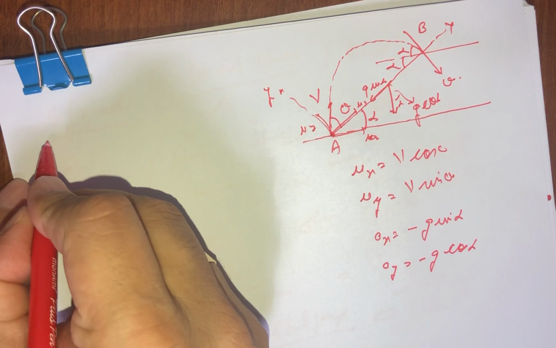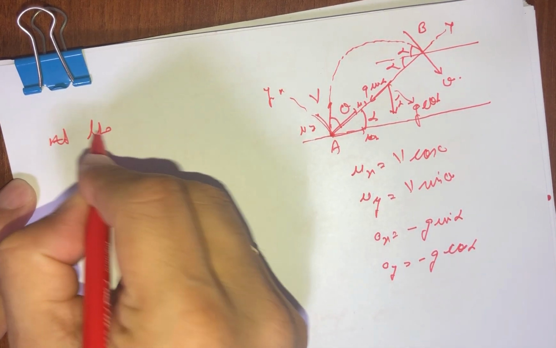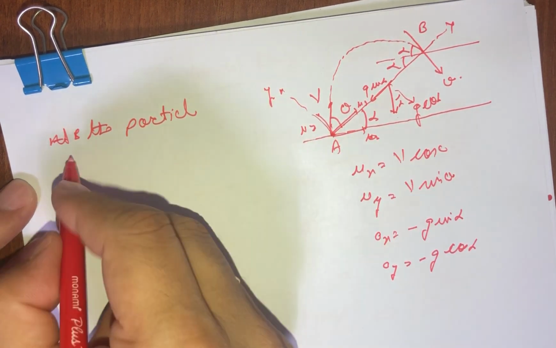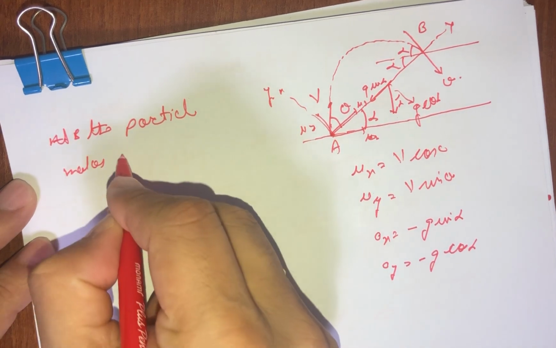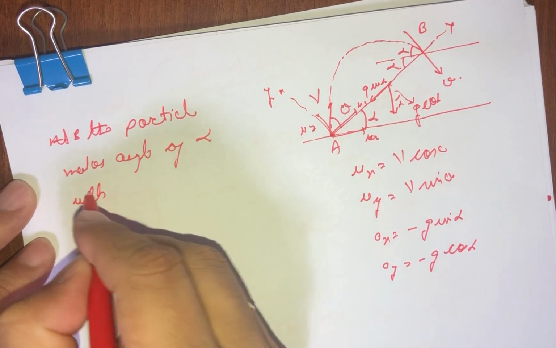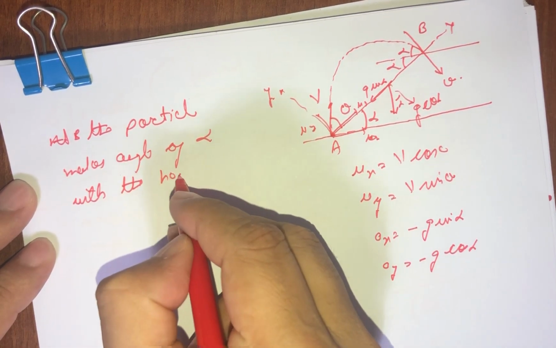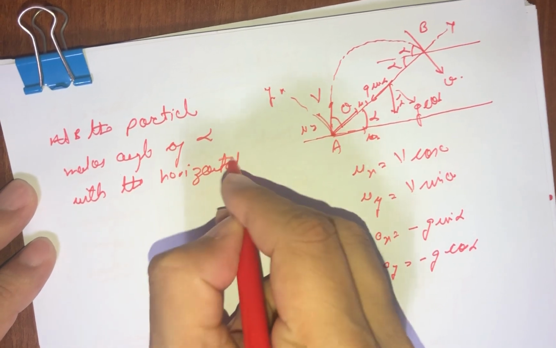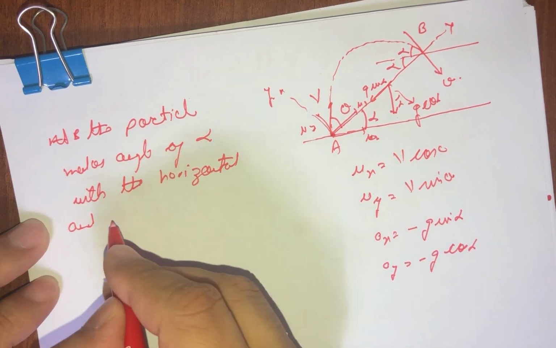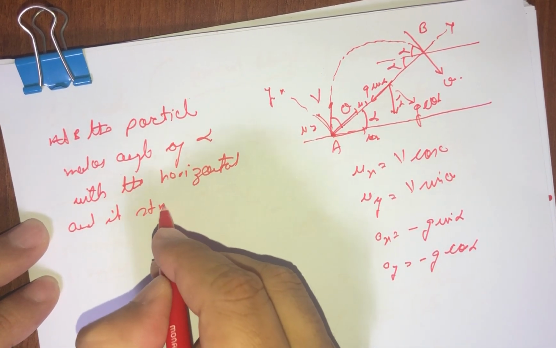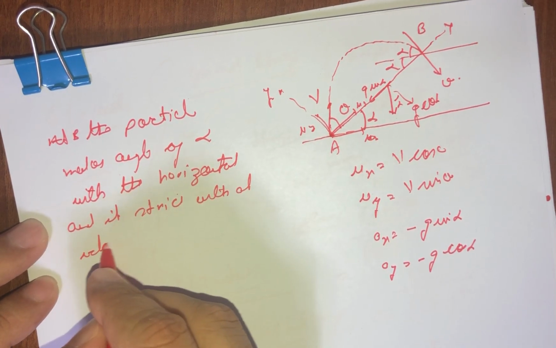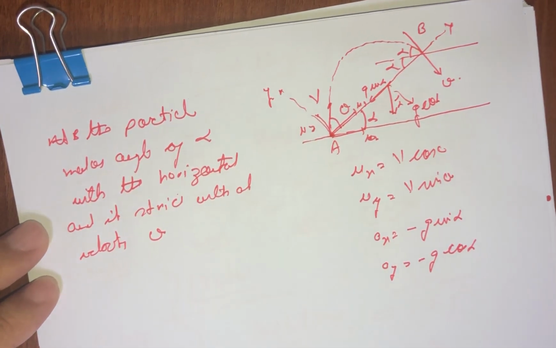So it means at B the particle makes an angle of alpha with the horizontal, and it strikes with a velocity v, small v.